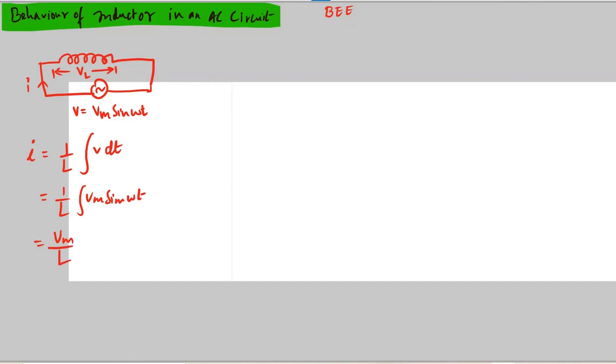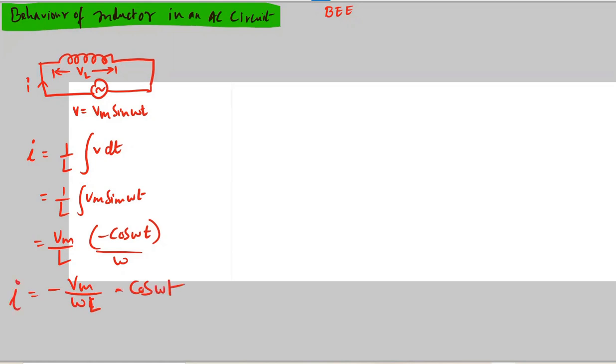Vm upon L, sine integration is minus cos omega t, and whatever is along with t we have to divide by that, so upon omega. So this we can write as minus Vm upon omega L into cos omega t.